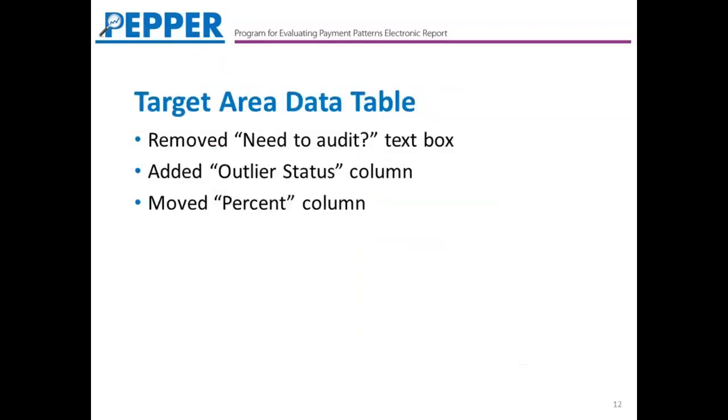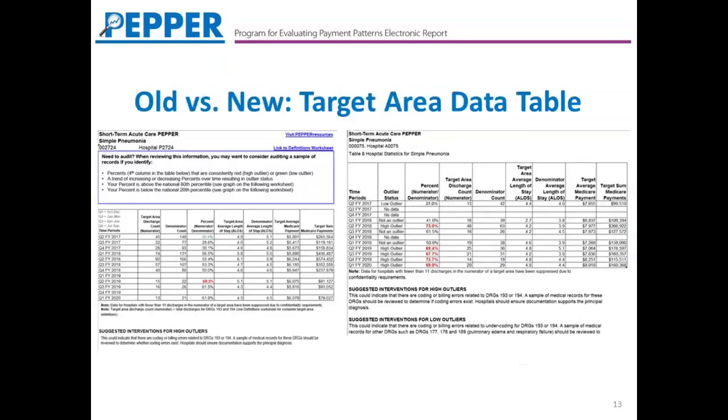The target area data table. Here you will notice that we have removed the need to audit text box there at the top of the page. We have added an outlier status column. If you look at the image on the new PEPPER, the second column there next to the time period is labeled outlier status.